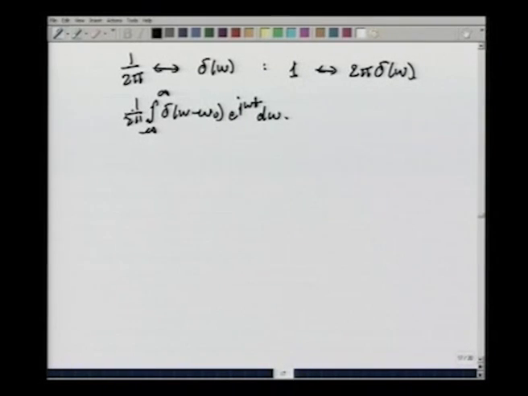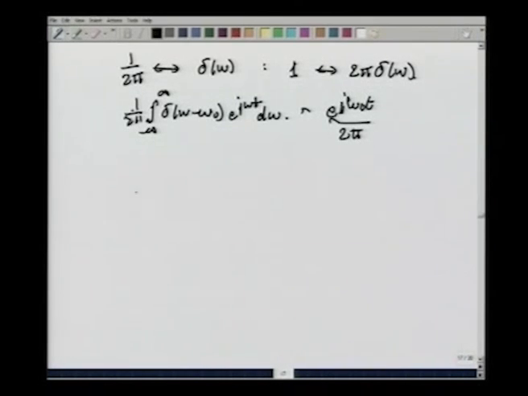Then you have to evaluate the companion function at omega equal to omega naught, so that you get e to the j omega naught t by 2 pi.